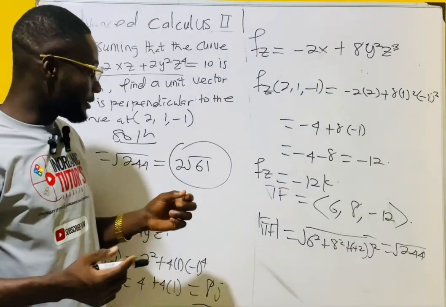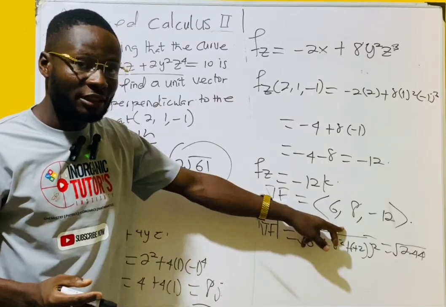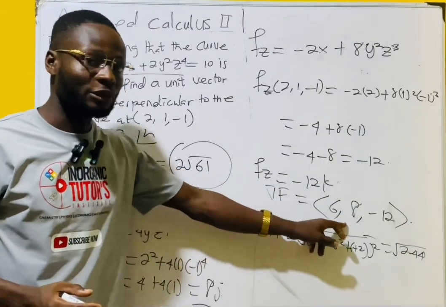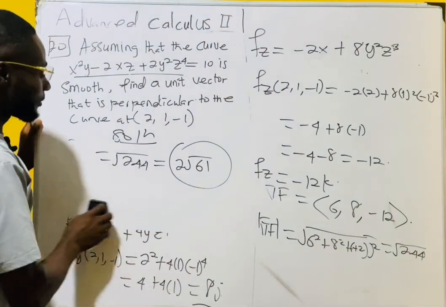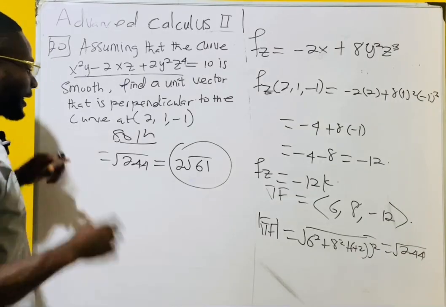We are normalizing it. So we have the magnitude, and we have the position vector, so we just divide this by this to have our normalized vector. That becomes our unit vector perpendicular to the curve.